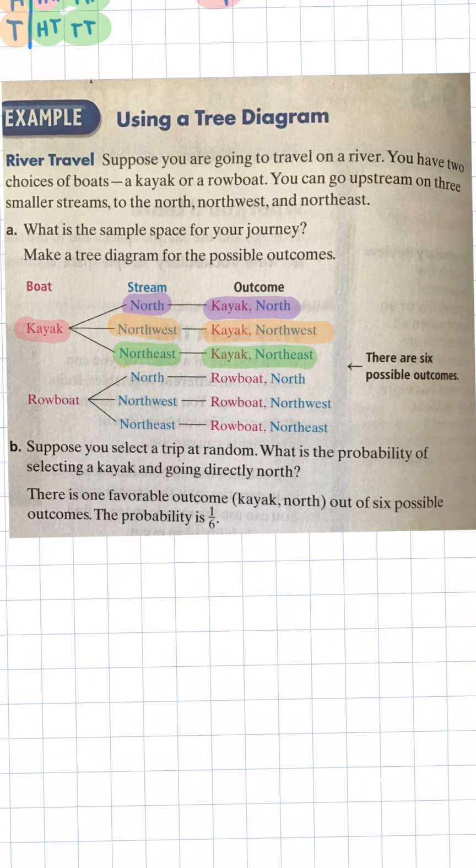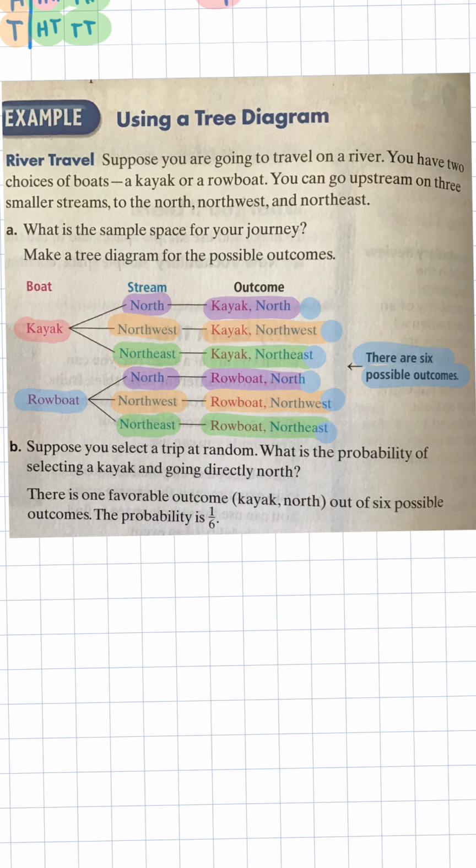Then we have the rowboat, and the rowboat can go north, so then we have rowboat north. The rowboat could go northwest, or it could go northeast, rowboat northeast. So these right here, 1, 2, 3, 4, 5, 6, there are 6 possible outcomes.